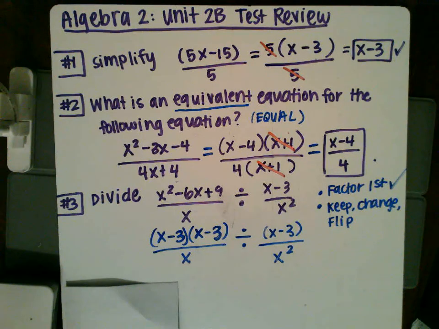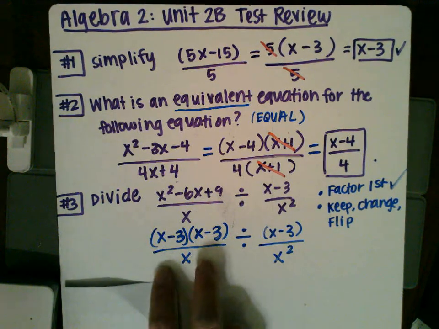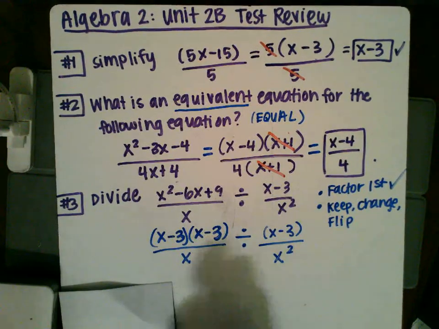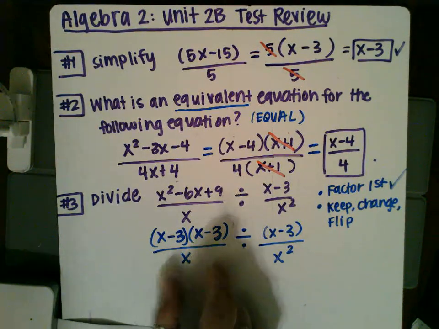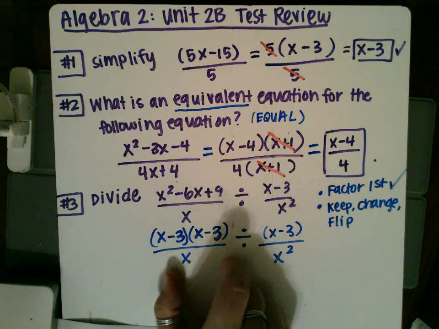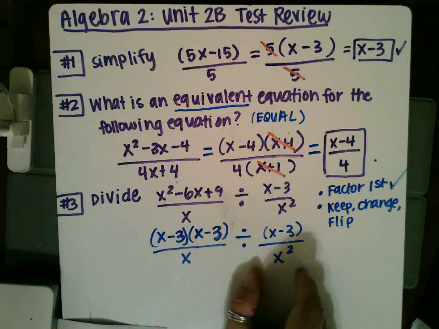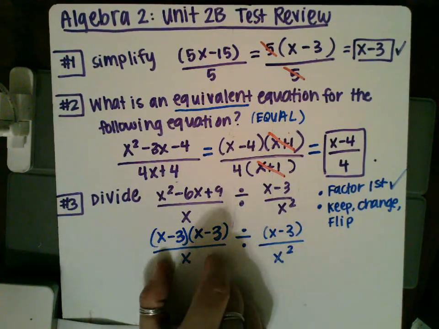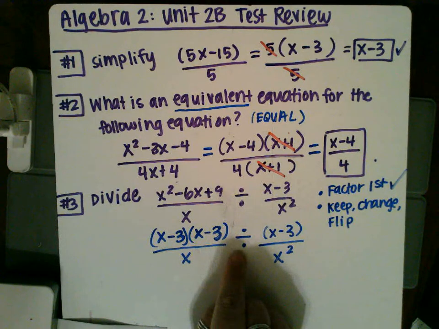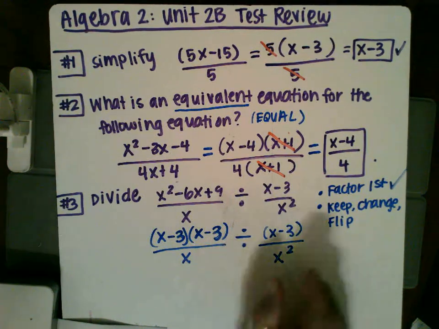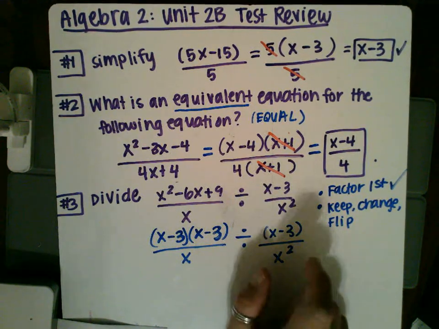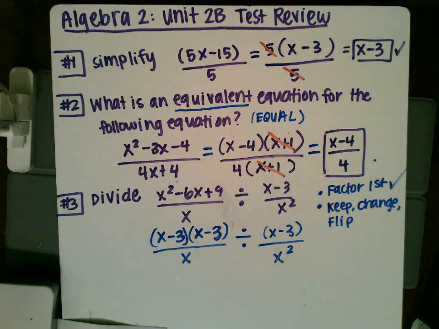Now we get to keep, change, flip, because in order to divide, this is called complex fractions, a fraction divided by a fraction, or a rational expression divided by a rational expression, we want to keep the first expression, change the operation from division to multiplication, and flip the second expression, or multiply essentially by the reciprocal.